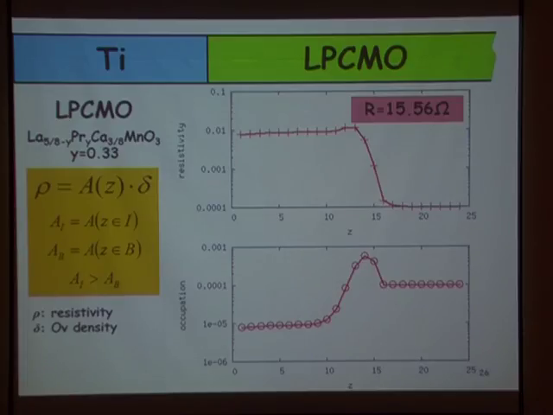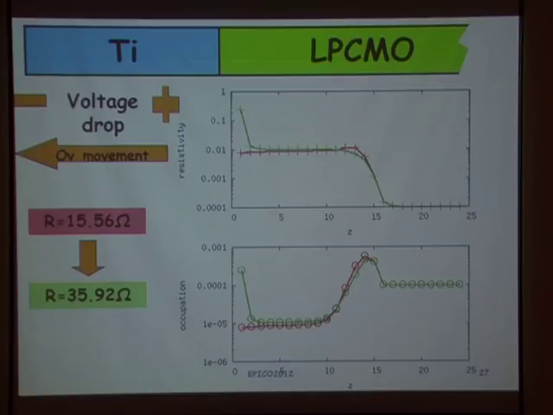So at each cycle you are going to create a sort of reservoir of vacancies on the bulk side of the sample. Here I show you, in this titanium LPCMO interface, we start with this initial low resistance state.